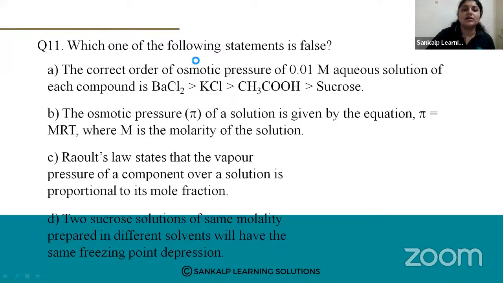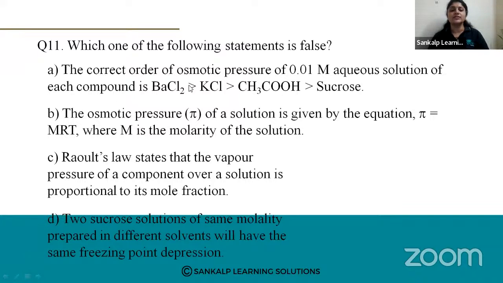Next question. Which of the following statements is false? A, the correct order of osmotic pressure of 0.01 molar aqueous solution of each compound is BaCl2 is greater than KCl is greater than acetic acid is greater than sucrose. B, the osmotic pressure of a solution is given by pi equals MRT, where M is the molarity of solution.